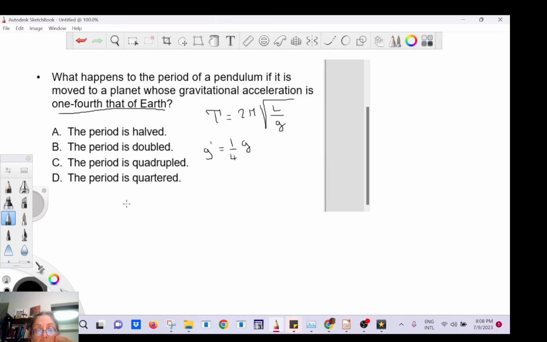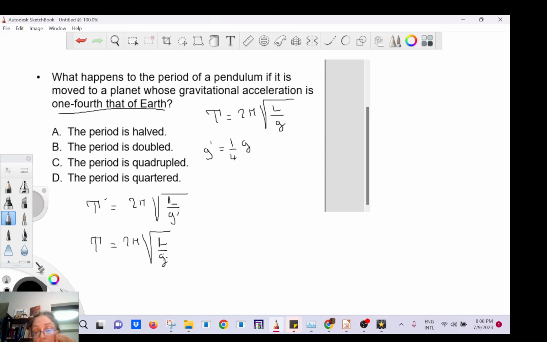So let's see, the new period equals 2 pi square root of L over G prime. And the old one equals 2 pi and then the square root of L over G.